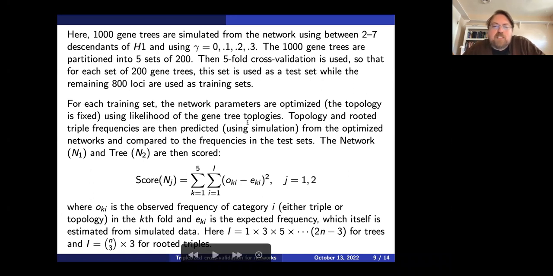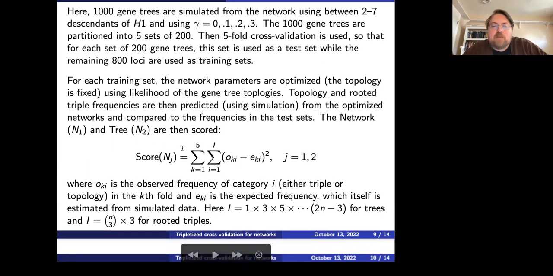Okay, so then topology and rooted triple frequencies are predicted. They could be predicted theoretically, but we just did it using simulation, simulating from the optimized network, and then compared to the frequencies in the test sets.